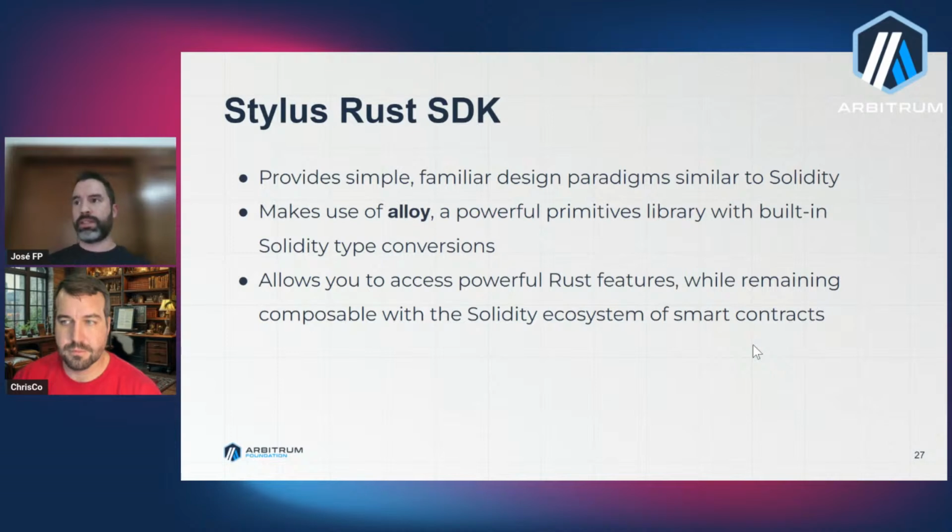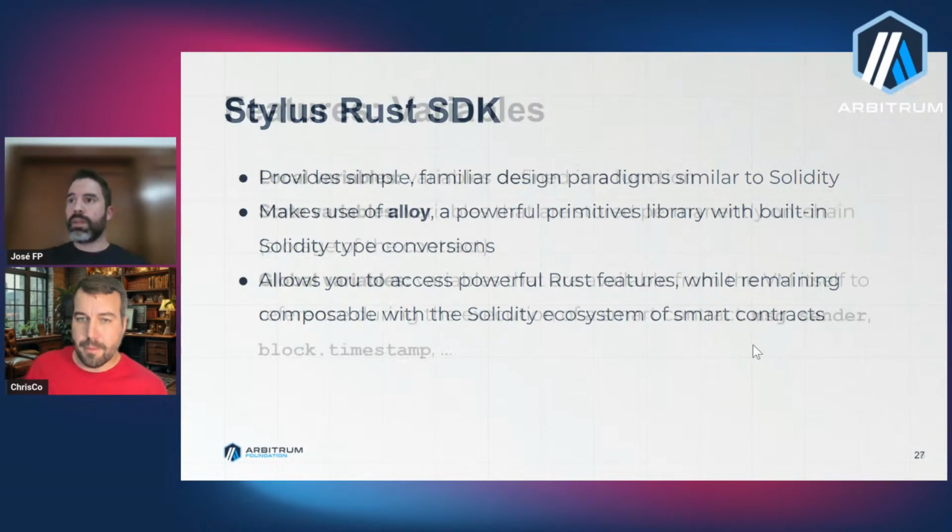So Alloy is the perfect library to support that and to help the Stylus SDK do that. Okay, and because it is written in Rust, it allows you to access powerful Rust features while remaining composable with Solidity smart contracts.